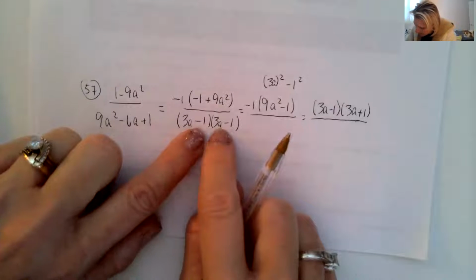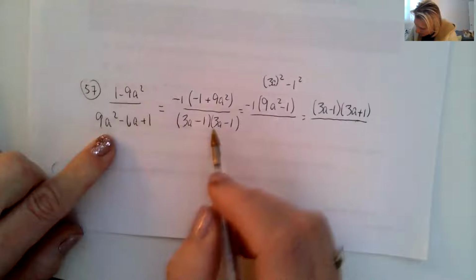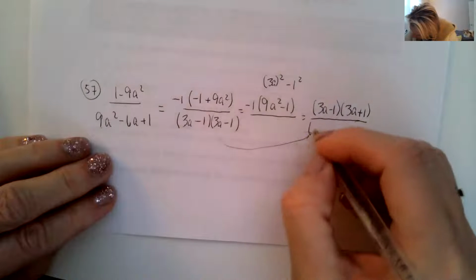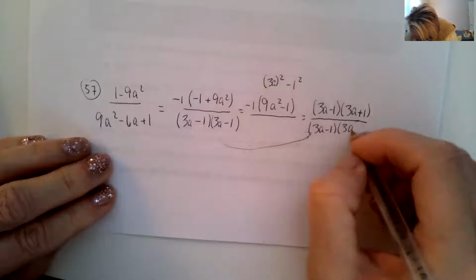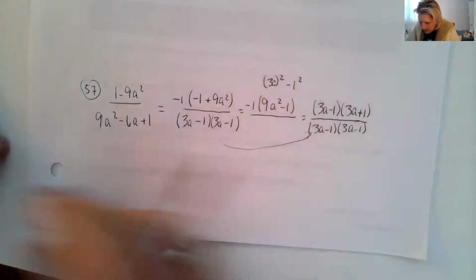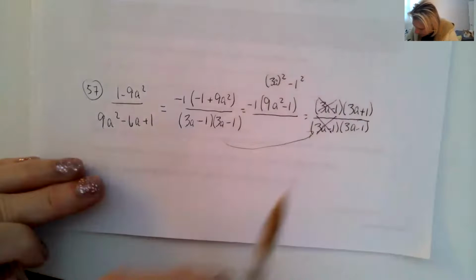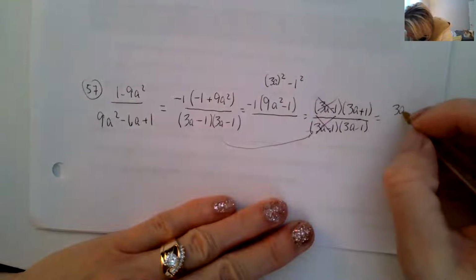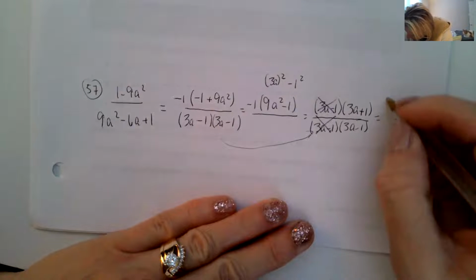And then the negative 3a and the negative 3a give us the negative 6a in the middle. So it's a perfect square, so we can just read right over here: 3a minus 1 times 3a minus 1. The numerator and denominator each have a 3a minus 1, and so we're left with 3a plus 1 over 3a minus 1.